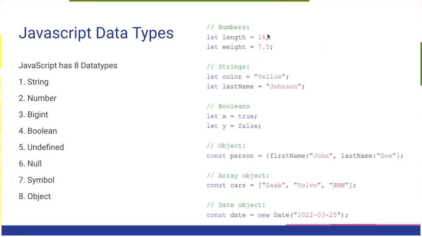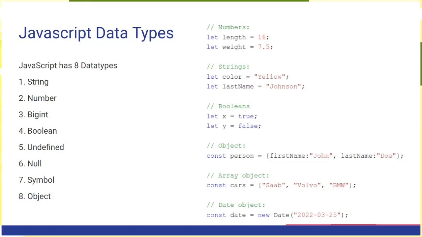When used like this without double quotes, if you are passing a numeric value, it will be treated as a number. Whereas if you use let length equal to 16 within double quotes, instead of being considered a number, it will be treated as a string. Why? Because you are passing it within double quotes. So always take care when you use numbers: they should not be passed with double quotes or single quotes.